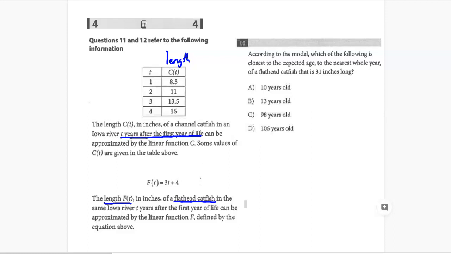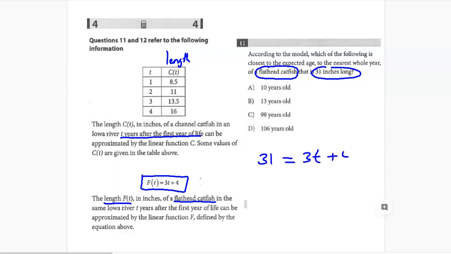So number 11, according to the model, which of the following is closest to the expected age to the nearest whole year of a flathead catfish that is 31 inches long? So don't use the chart. We want to use the F function because that's for flathead, and F of t represents the length. So I'm going to plug 31 in for that length and solve for it.